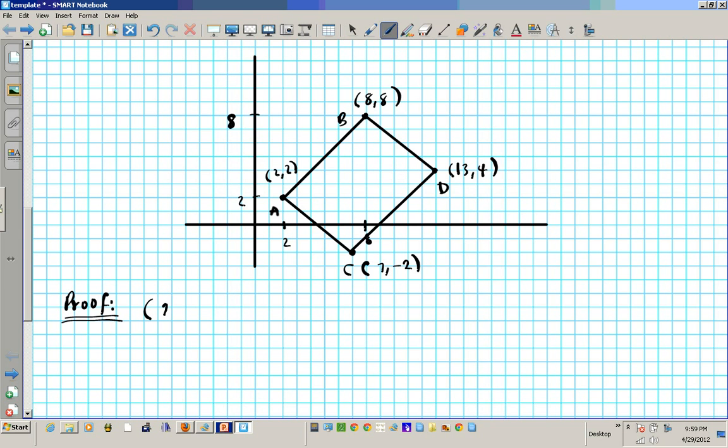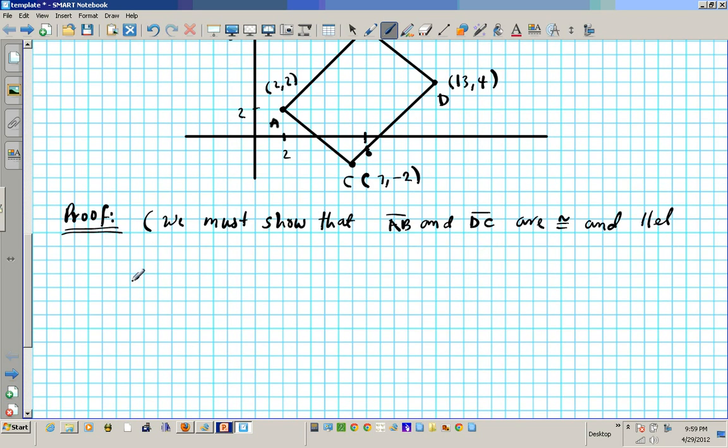We must show that segments AB and DC are congruent and parallel. If I can show that, then this whole quadrilateral is in fact a parallelogram.